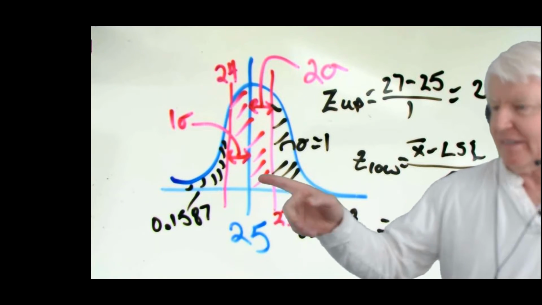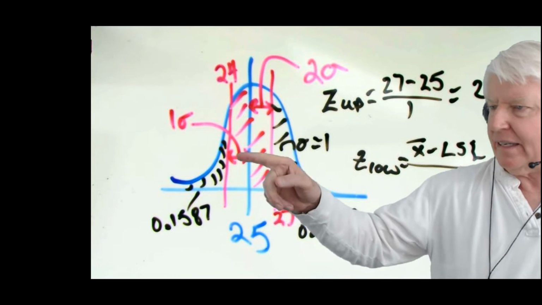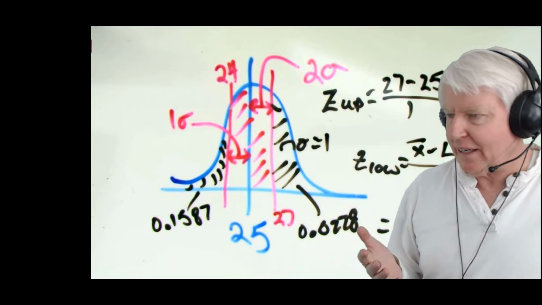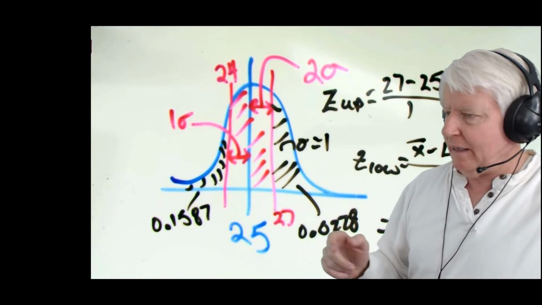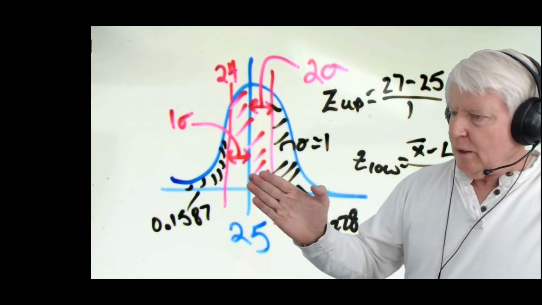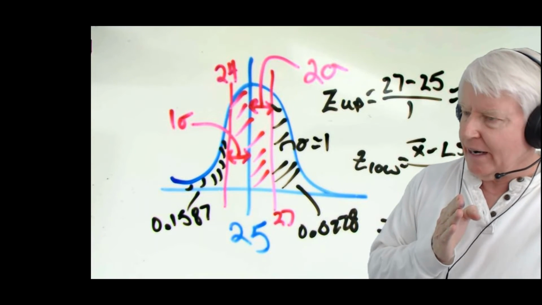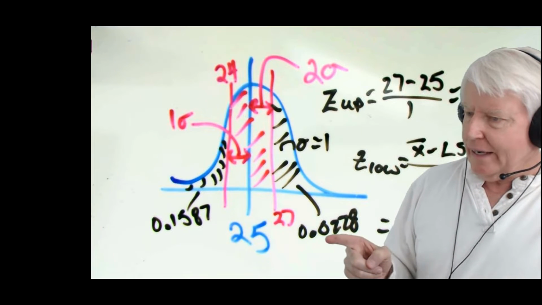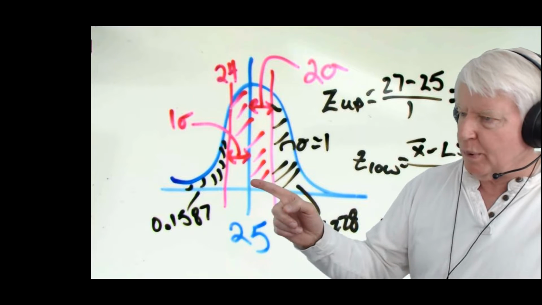The way I did it is I said, okay, I want to calculate this area and add it to this area because I wasn't thinking very well. I still figured it out, but I made it more difficult than it needed to be. So 0.5 of the area goes from here to here, correct? Yeah. I took this 0.0228 and subtracted it from 0.5.